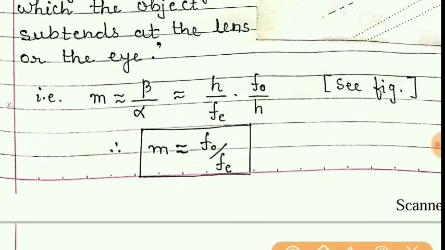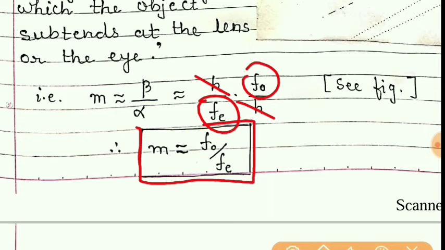Finally h is cancelled out. We obtain fo upon fe. So the magnification of a telescope is fo upon fe, meaning the focal length of the objective upon the focal length of the eyepiece.